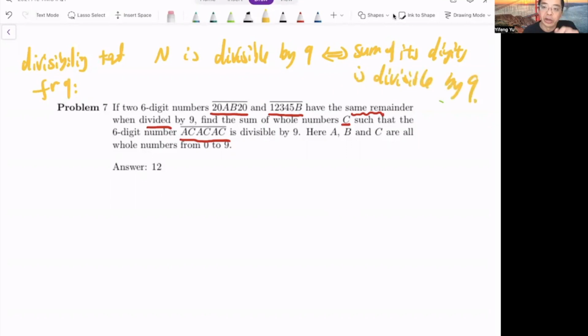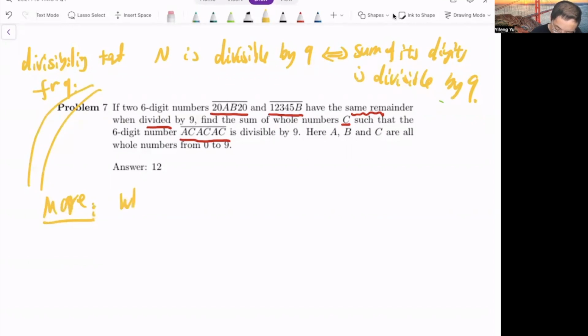In fact, we can actually say more. Here's something more than the divisibility test for 9.